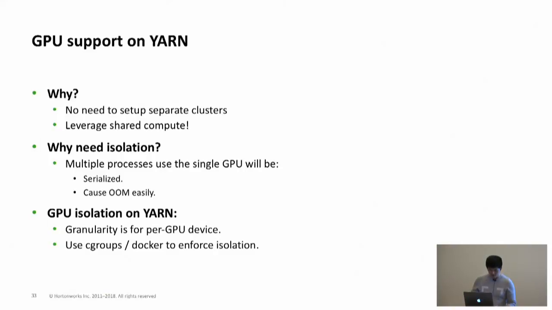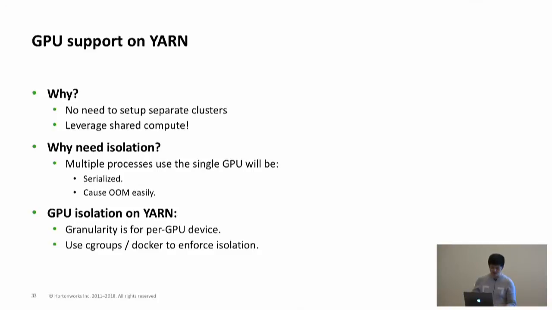So I already explained why we want to do that, and another thing is why we want to do the isolation for the GPU. Right now, multiple containers may use a single GPU, and they may have conflicts when they submit requests for the same amount of GPU resources.